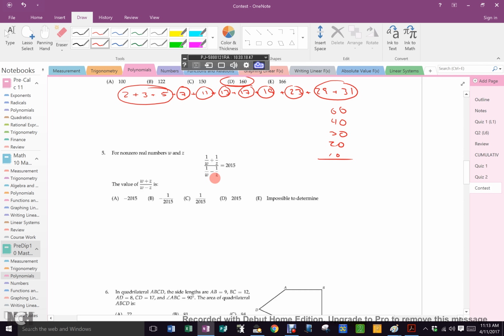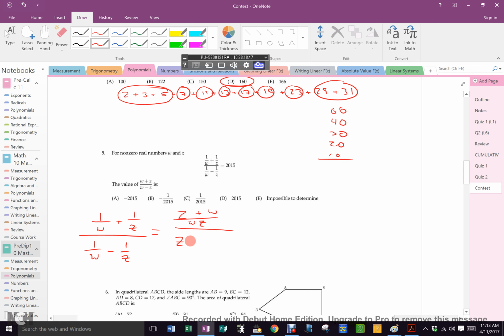This one, you just do the math. 1 over W plus 1 over Z divided by 1 over W minus 1 over Z. Clean that up first. That is Z plus W over WZ.